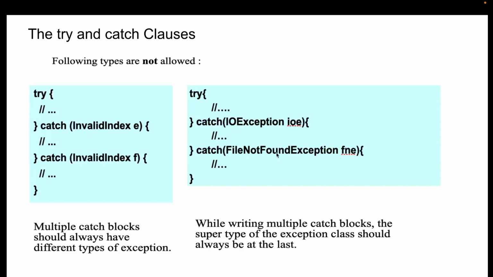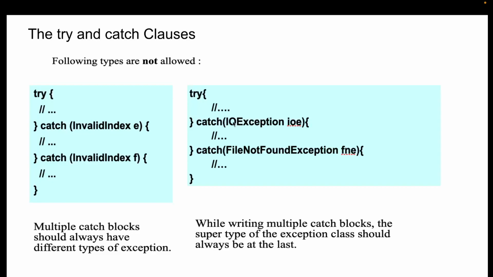So when you write multiple catch blocks, the super type of exception class should always be at the last. That means file not found exception is a child class of IO exception. So child class exception blocks must be placed first and then the parent class exceptions must be placed.